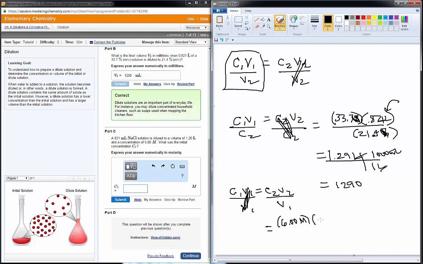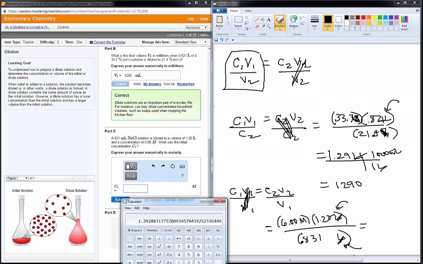My final volume is 1.20 liters, and my initial volume is 831 milliliters. But note here, if I'm watching dimensional analysis, I will see instantly I've got a problem because the liters won't cancel with the milliliters. So I'm going to convert that to liters. That's going to be 0.831 liters. And now the liters will cancel, and I can see what my initial concentration was in units of molarity.